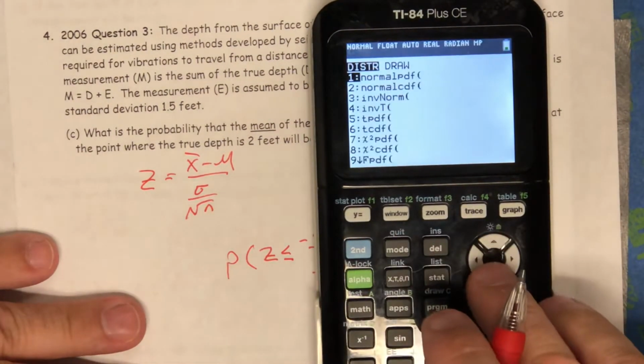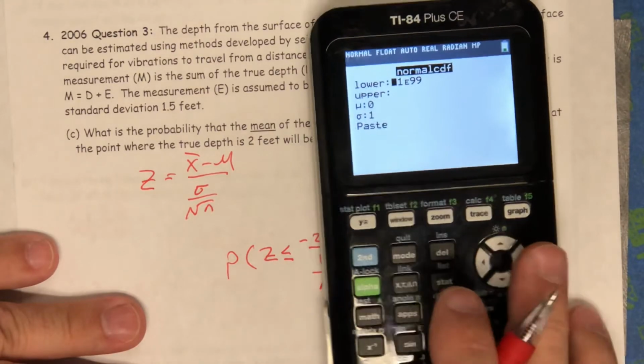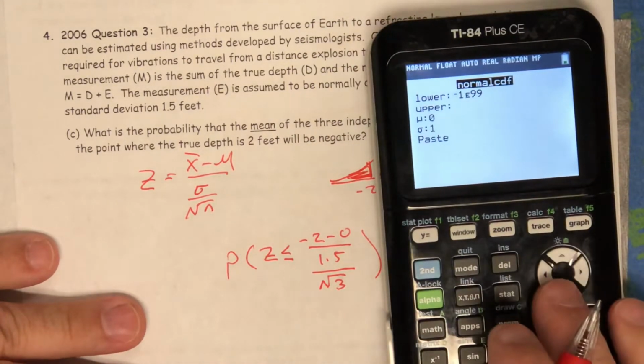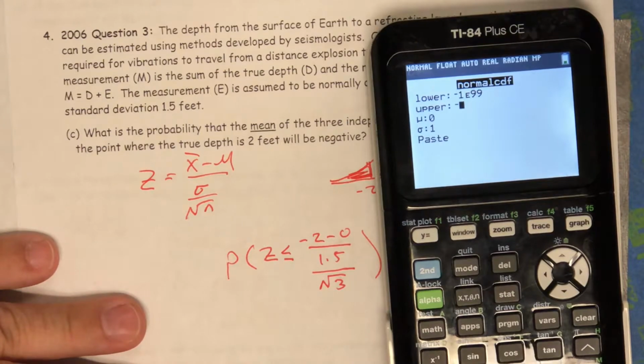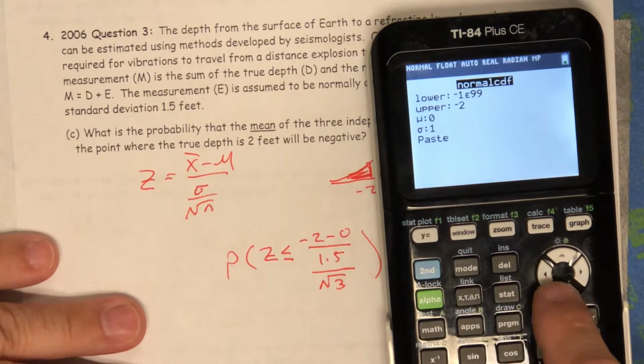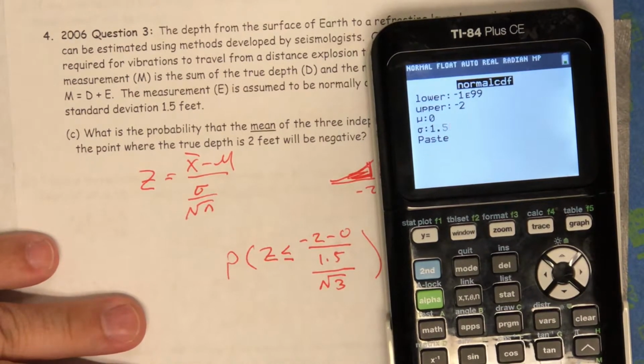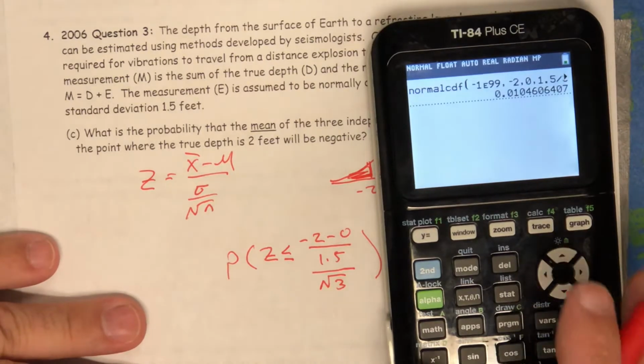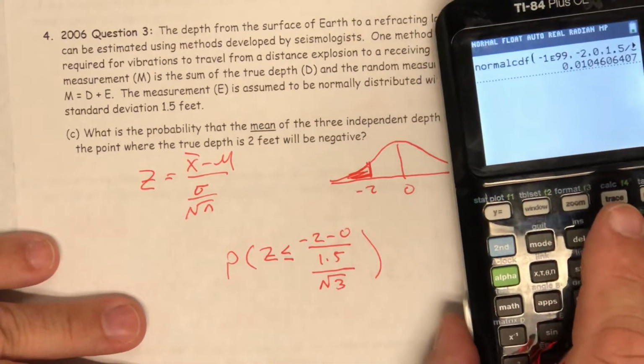So second VARS, normal CDF, my lower bound's -infinity, my upper bound was -2, and then my standard deviation is 1.5 divided by the square root of 3, which I just raised to the half power. But when I do that, I find out it's 0.0104.